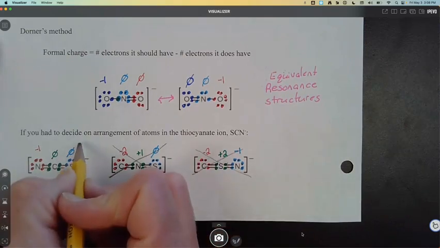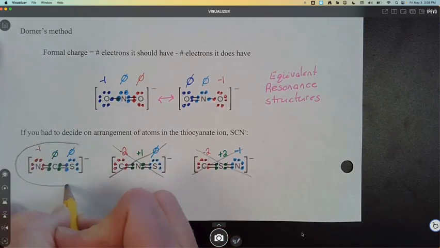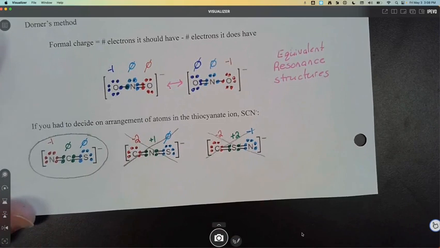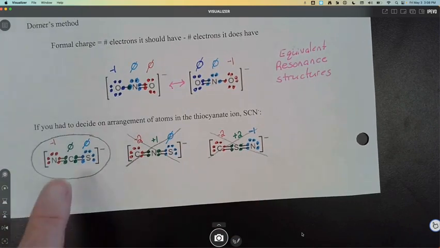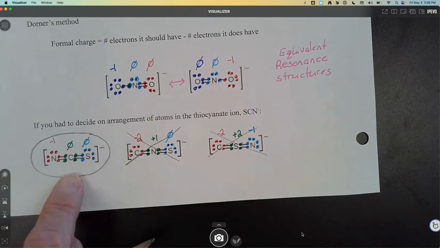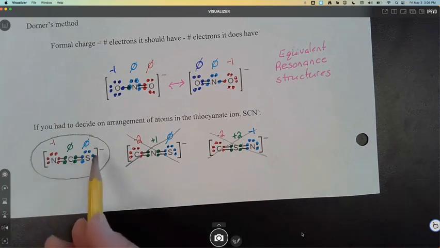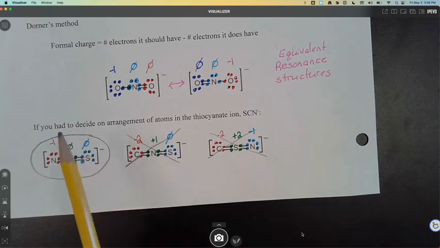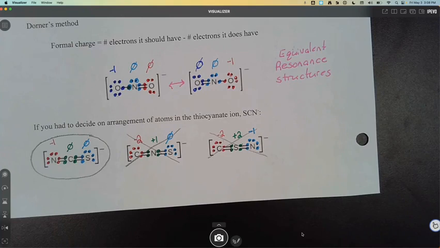So if I had to pick the best way to do this, the formal charge situation says, do it like this. I have the lowest overall formal charges. The negative formal charge lands on the nitrogen, which is the most electronegative of the elements in the structure. This is the very best possibility.